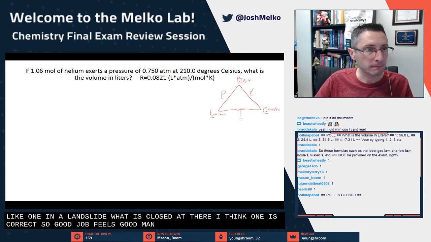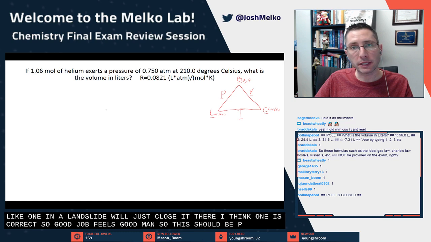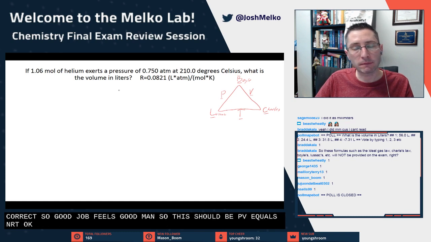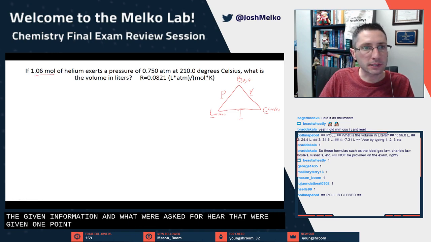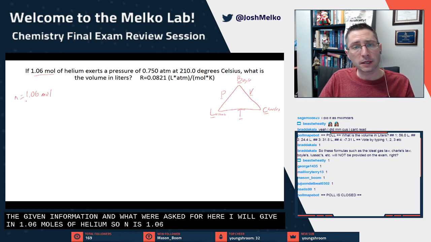Feels good, man. So this should be PV equals nRT. How do I know that's the formula? Well, let's identify all the given information and what we're asked for here. We're given 1.06 moles of helium, so n is 1.06.